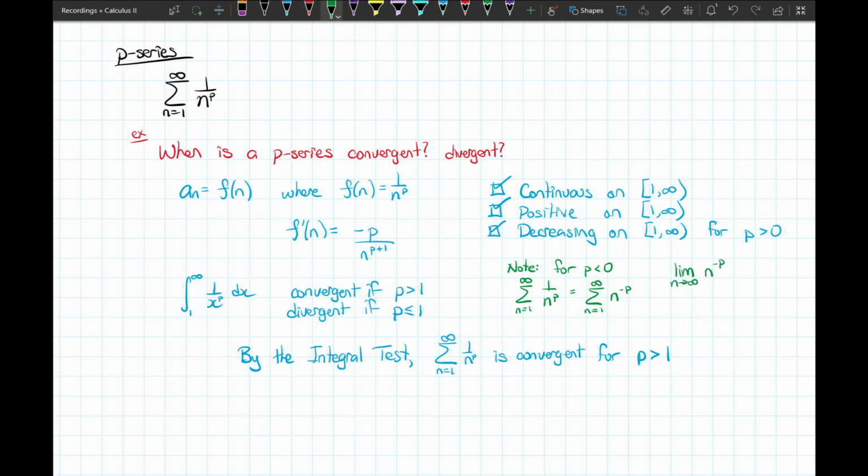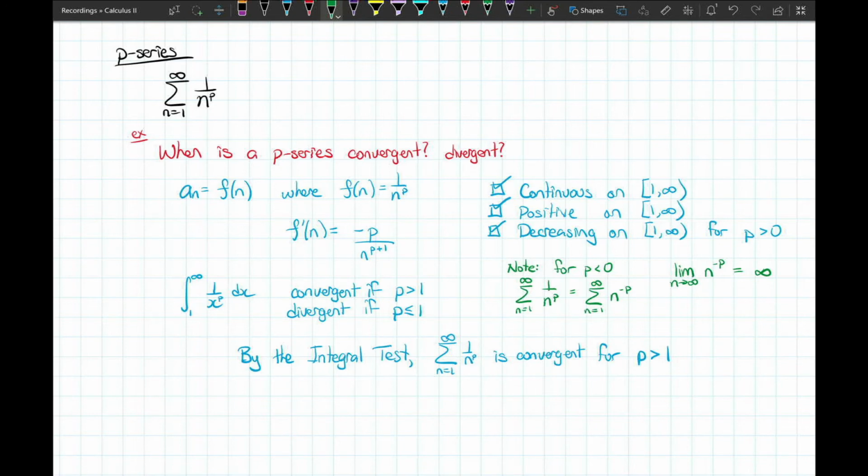And taking the limit as n goes to infinity of n to a positive power, well, that is going to be infinite. N to a positive power is going to get bigger and bigger. So by the test for divergence, we know that this p-series is divergent whenever p is negative.